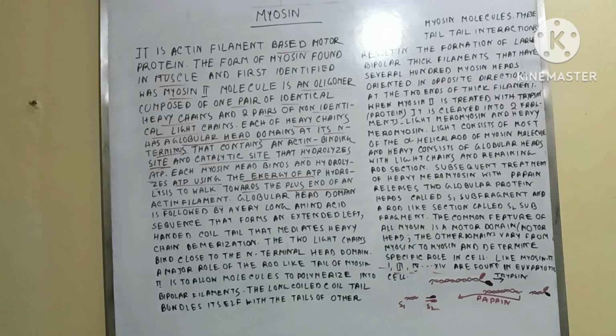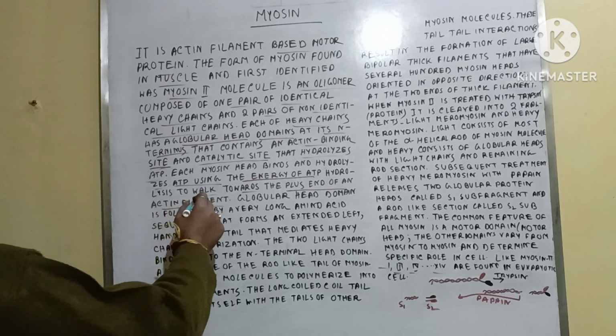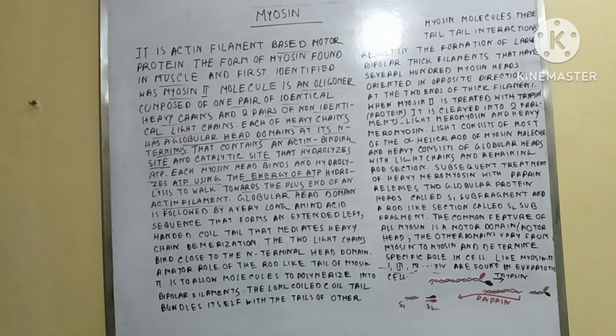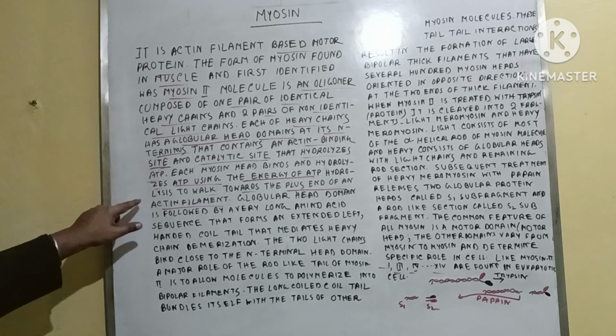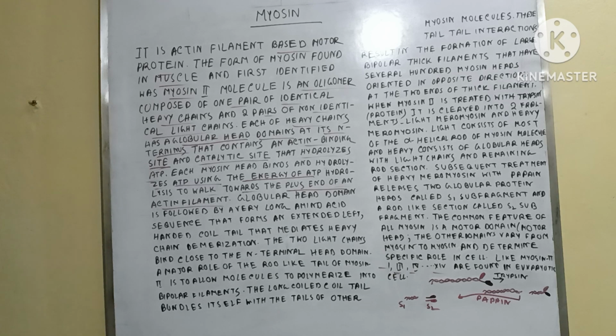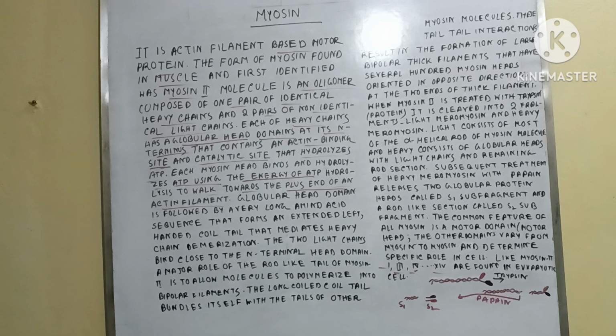By this work, the myosin can move towards the plus end of an actin filament. So this hydrolysis of ATP helps the myosin to move towards the plus end of the actin filament for binding with it.